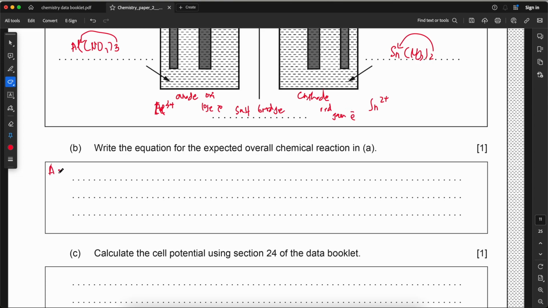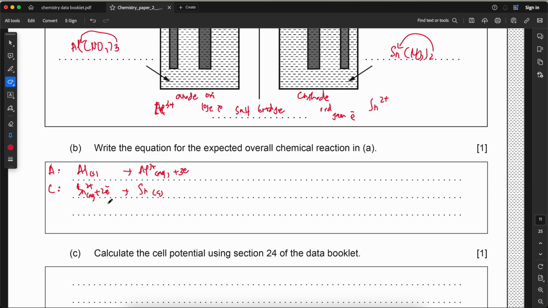Let's do the anode first. Al solid becomes Al3+ aqueous plus 3 electrons. For the cathode, Sn2+ aqueous plus 2 electrons, because it gains electrons, becomes Sn solid.